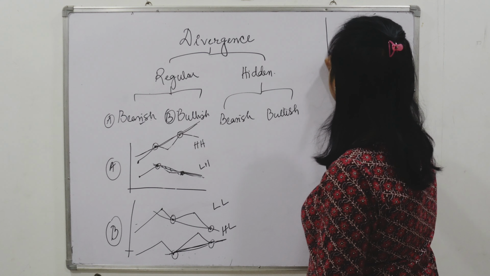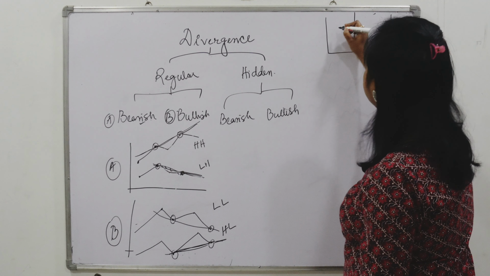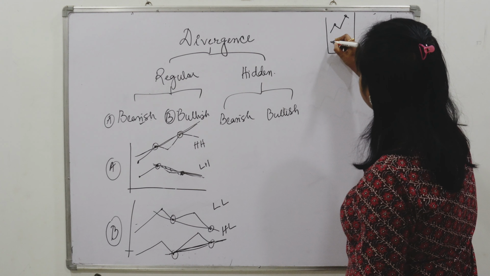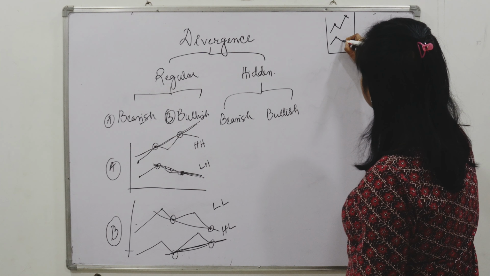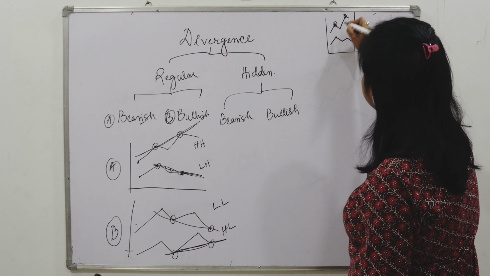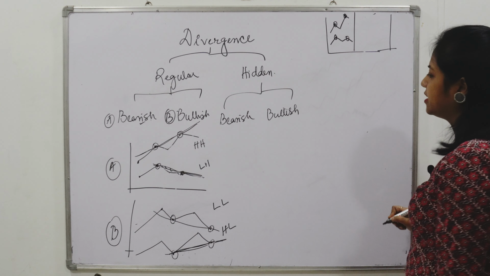So for your simplicity, here it is. This is a higher high as per the price, but it is a lower high as per the indicator.